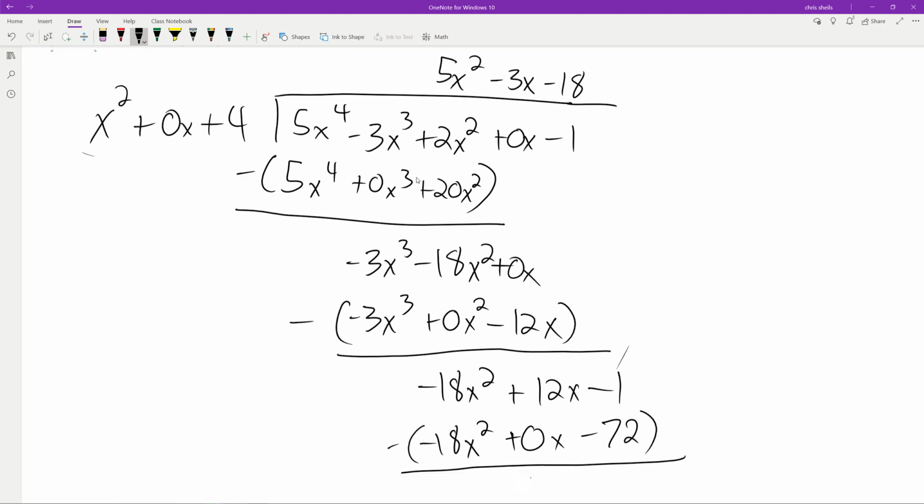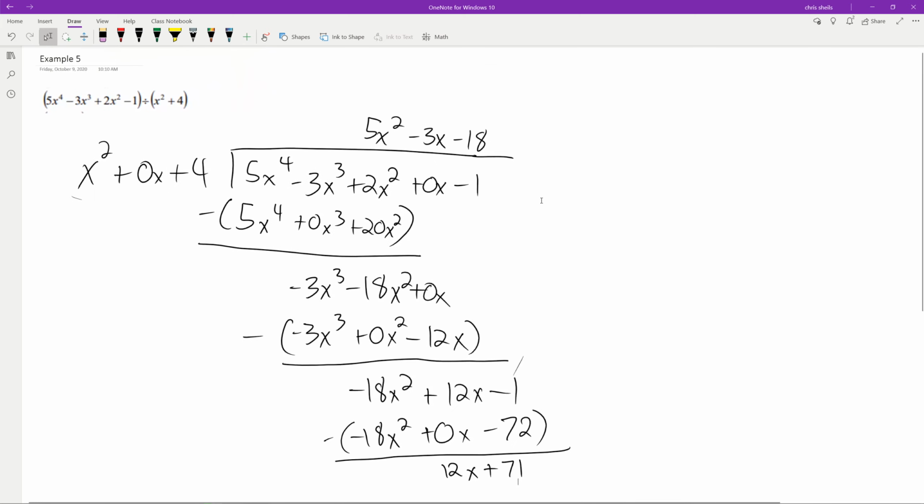For a remainder here, I'm going to have 12x plus 71. So the answer to this one is 5x squared minus 3x minus 18 plus 12x plus 71 over x squared plus 4.